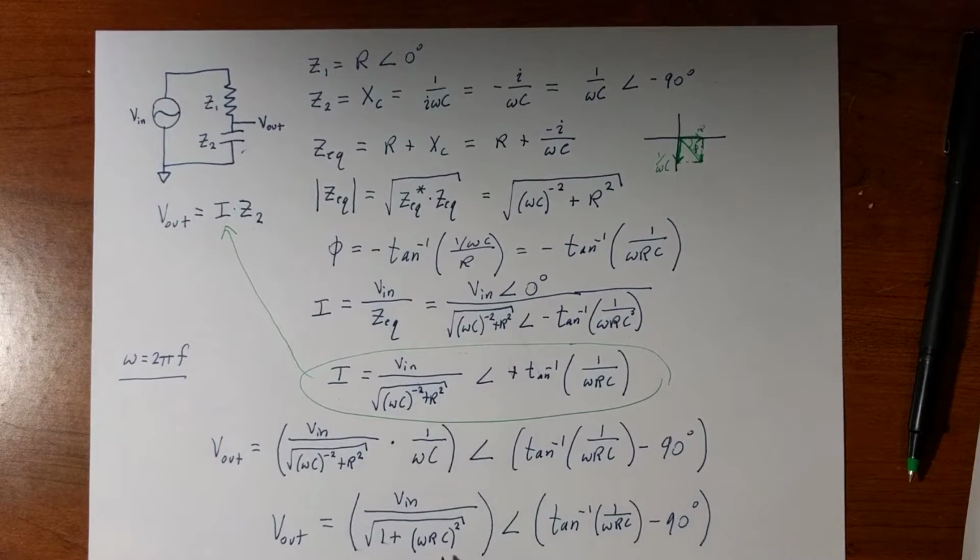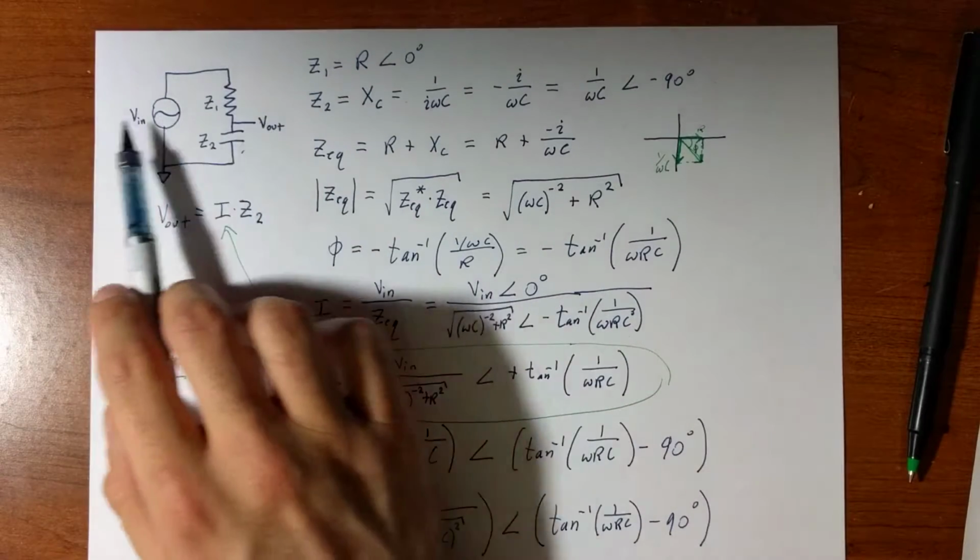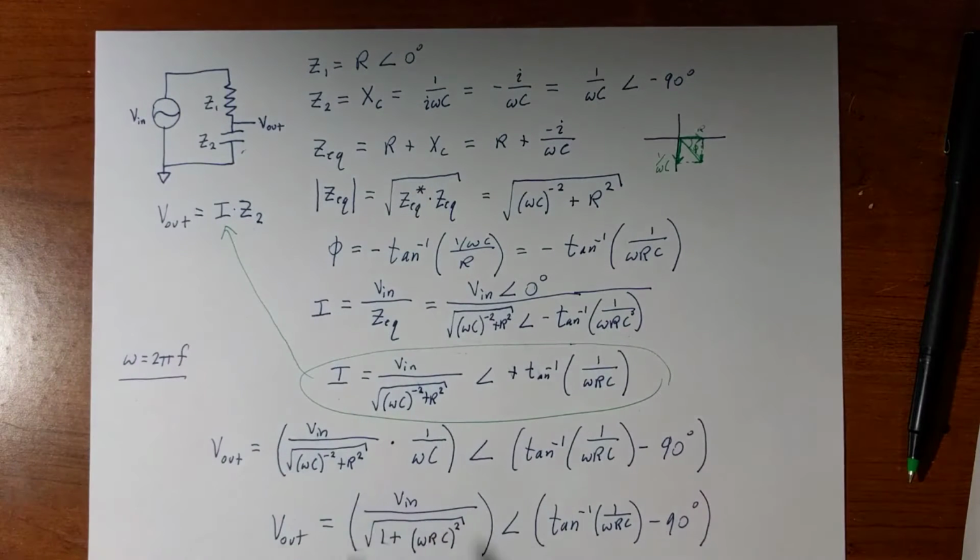So if I have an angular frequency of 1 over RC, I end up with a phase angle of negative 45 degrees. So my output voltage here is 45 degrees off from my input. And negative 45 degrees, what does that mean?